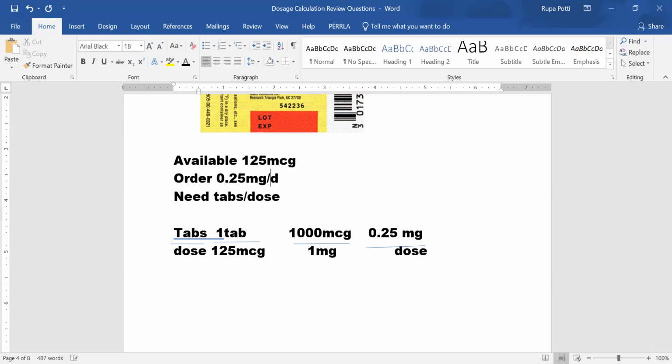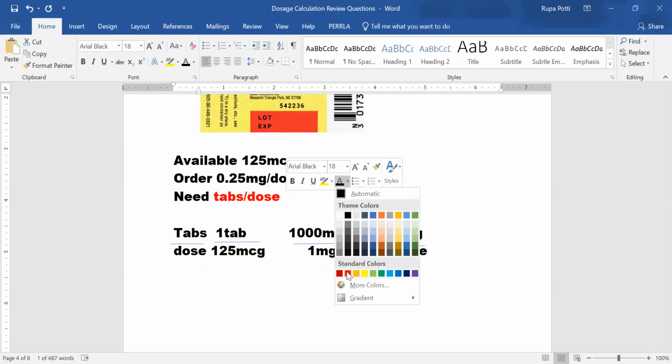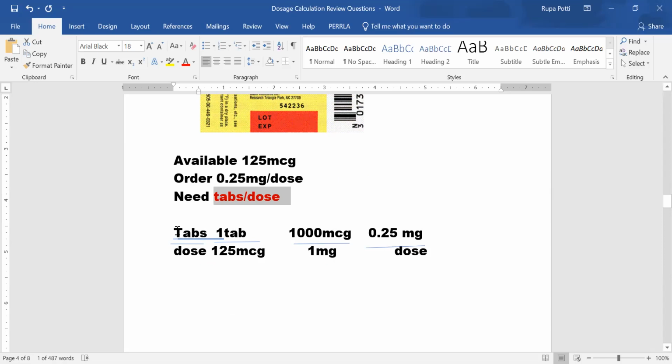That means it is nothing but per every dose, I have to give 0.25 milligrams. And what I need now to calculate from this problem is how many tabs per dose. So because I need tabs per dose, that is how I'm going to start my problem.